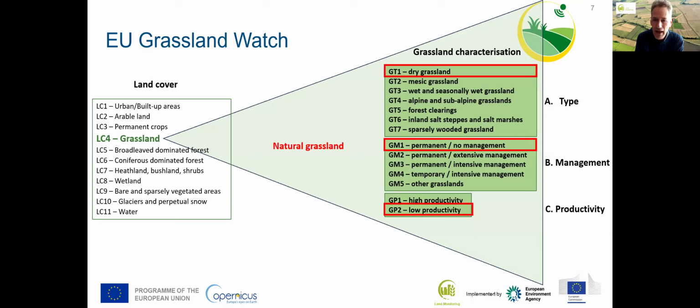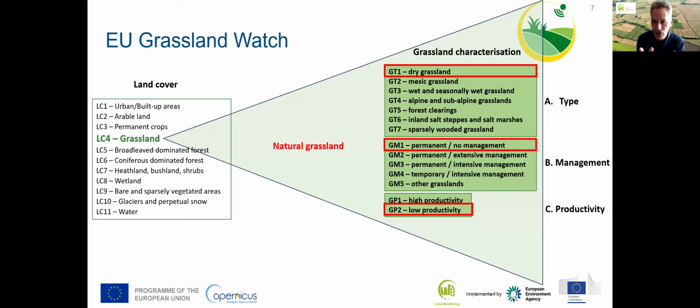We are looking at the management of the particular site, which can be no management, intensive management, extensive management, being temporary grasslands or permanent grasslands, and also looking into the productivity, high or low biomass productivity. And the idea is that by combining a grassland type with a management type and a productivity type, we can get additional information out of it.